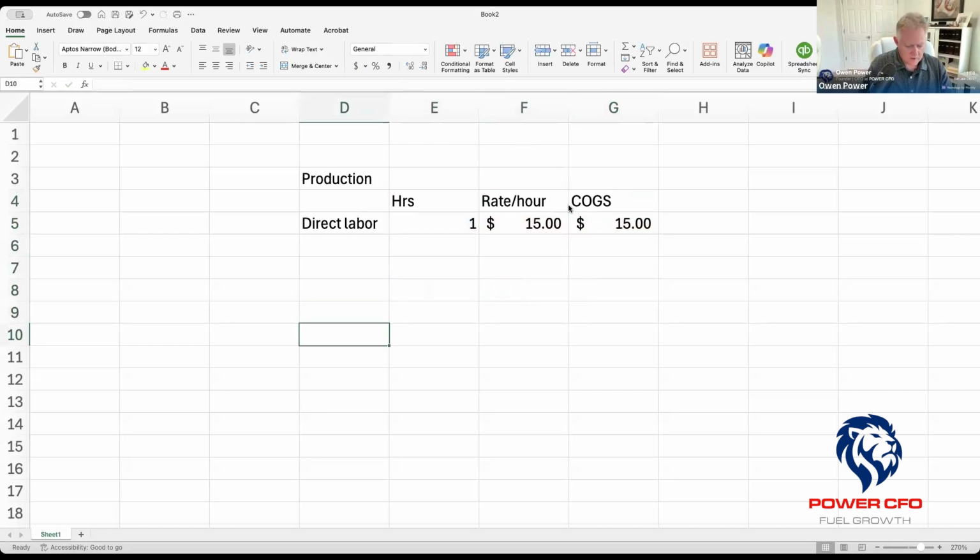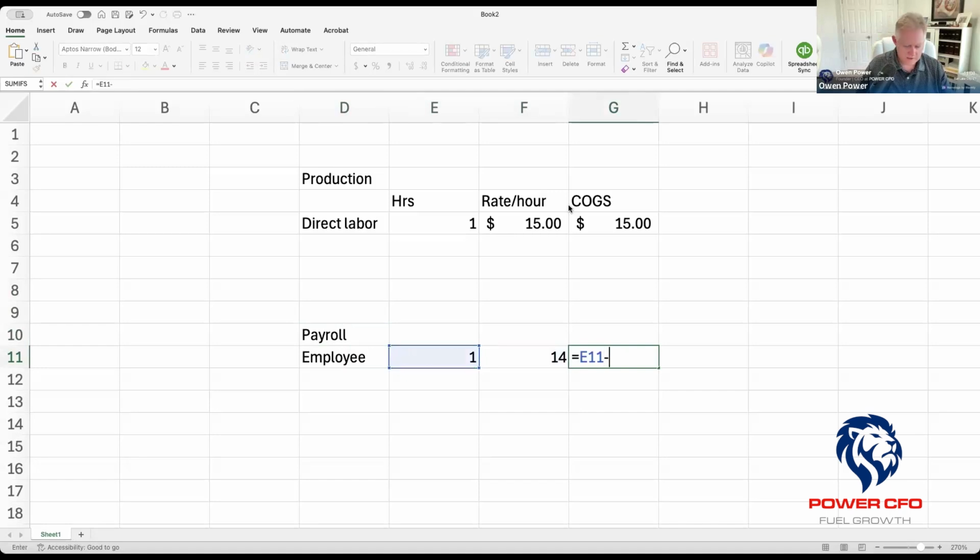In our payroll, that employee gets paid for that hour. Let's just say with benefits, employer taxes, etc., it is actually $14 per hour. So what that means is that the expense that we're incurring is $14.